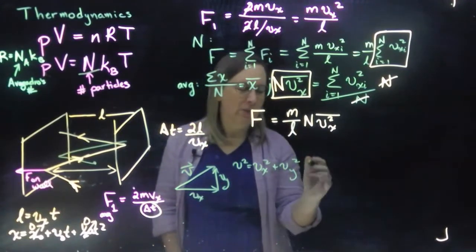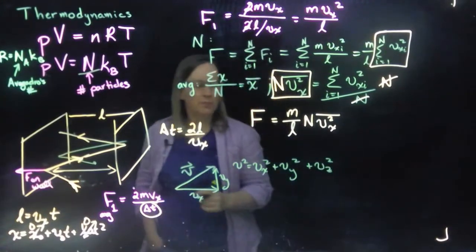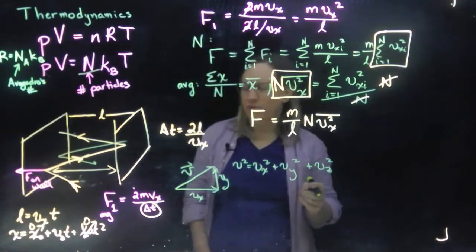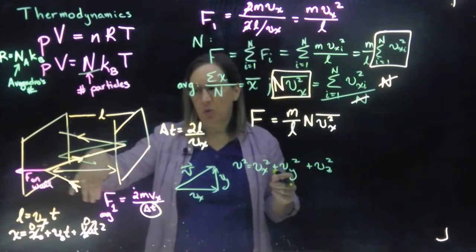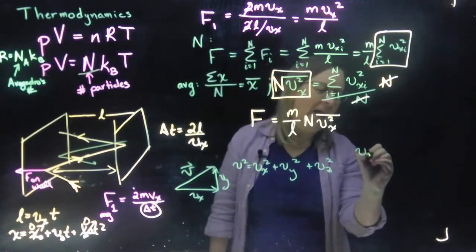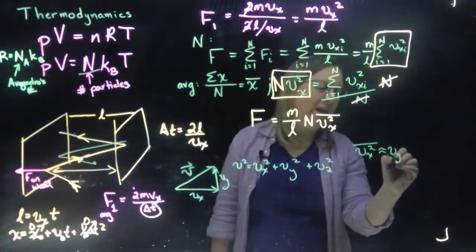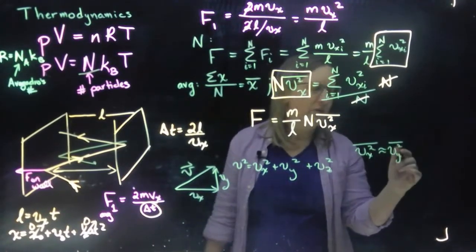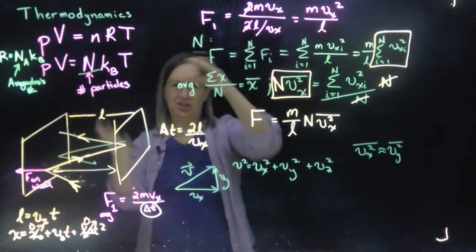And in 3 dimensions, this becomes plus Vz squared. And so if particles are just as likely to be going in the x direction, the y direction, and the z direction, we can claim that average Vx squared is essentially equal to the average value, because we're talking average values, and the particles probably don't care what direction is up, right?